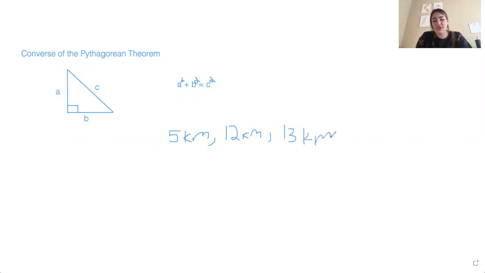So as you can see, the a and b is going to be 5 and 12, and c is going to be 13. So let's try this out. So 5 squared plus 12 squared, blank, 13 squared.